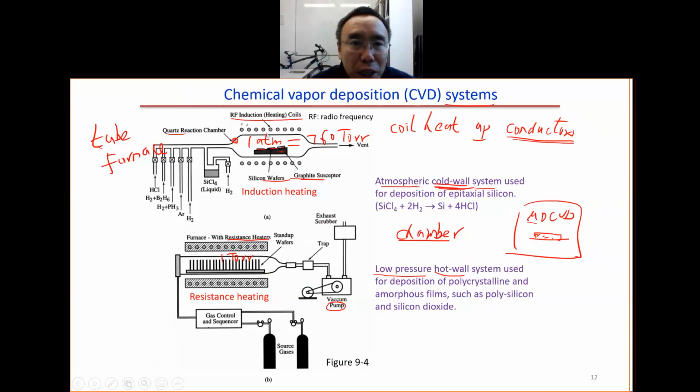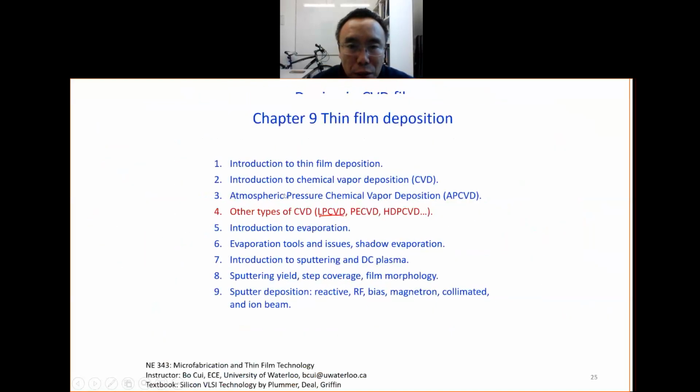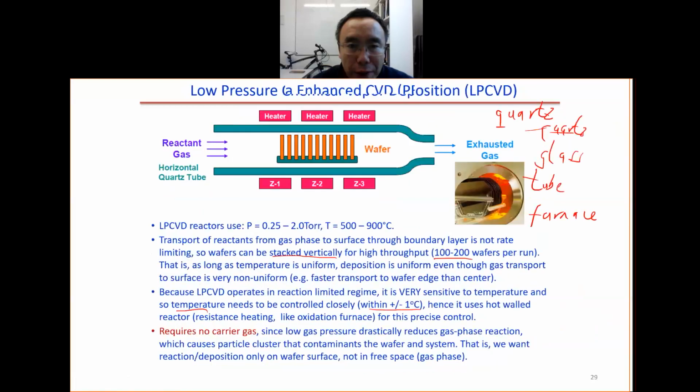In the other system the temperature control is not very good, but the mass flow control is better. And because we run at low pressure, we do not need a carrier gas.